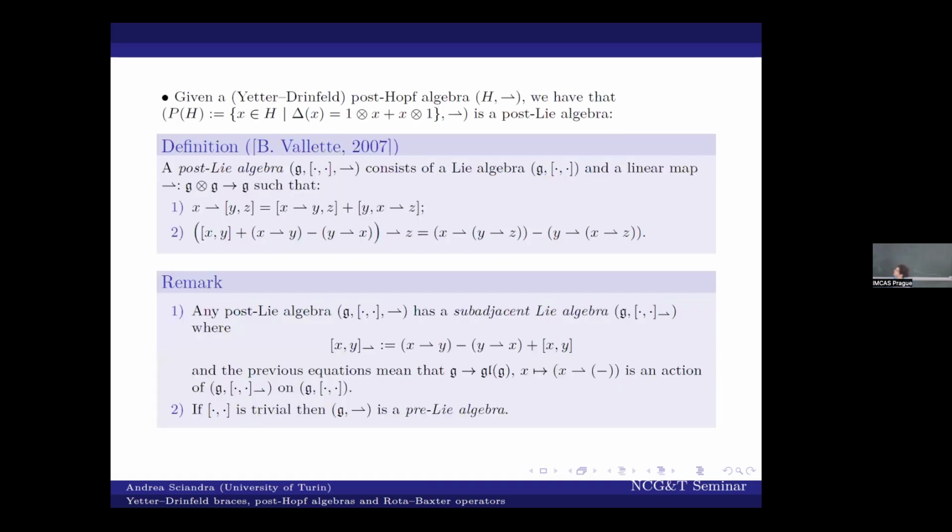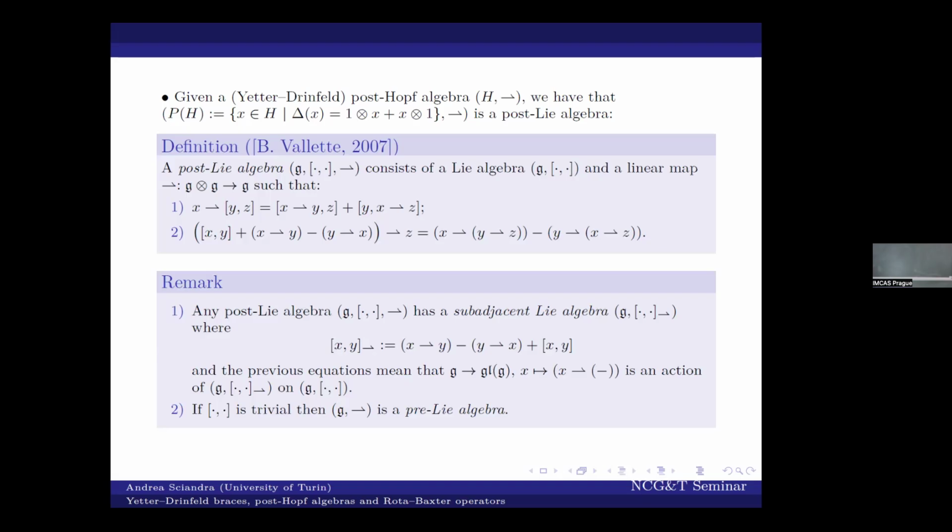Okay, while this post-Hopf setting is useful, or important in some sense, because when we start with a Drinfeld post-Hopf or a post-Hopf, this is not important just because we take the primitive elements, which is something cocommutative, and under cocommutativity, the definitions are the same. So start with the post-Hopf algebra, let's say in the sense of Li, Sheng, and Tang.